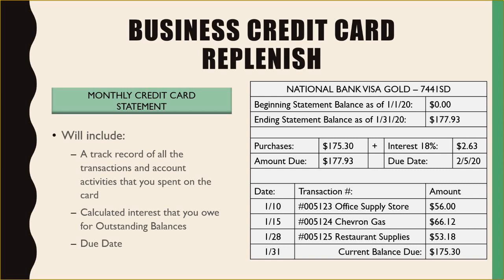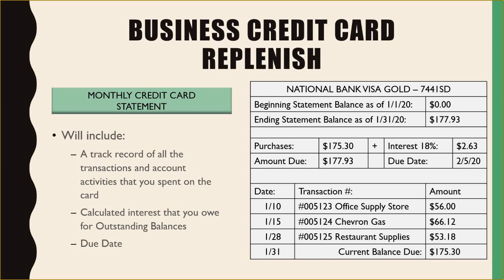So in this case, it will give you a list of all your transactions here. We started out on January 1st with a $0 balance. And the statement balance is usually at the end of every month, or whenever your billing cycle ends.